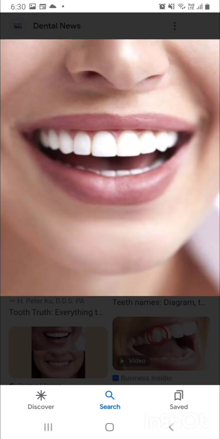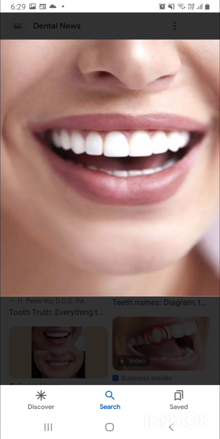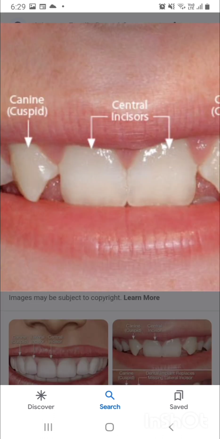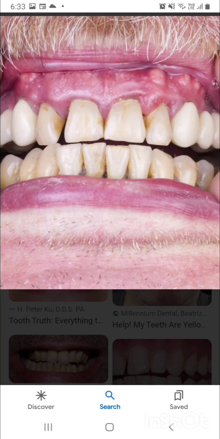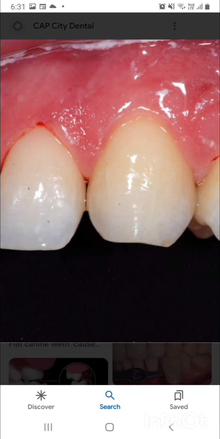Okay, and then two, we have to avoid eating very hot food. Because eating very hot food or taking very hot drinks kills the bacteria in the teeth.